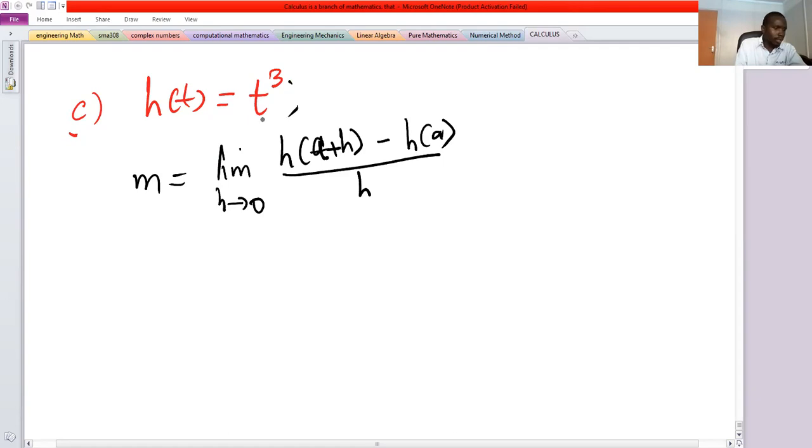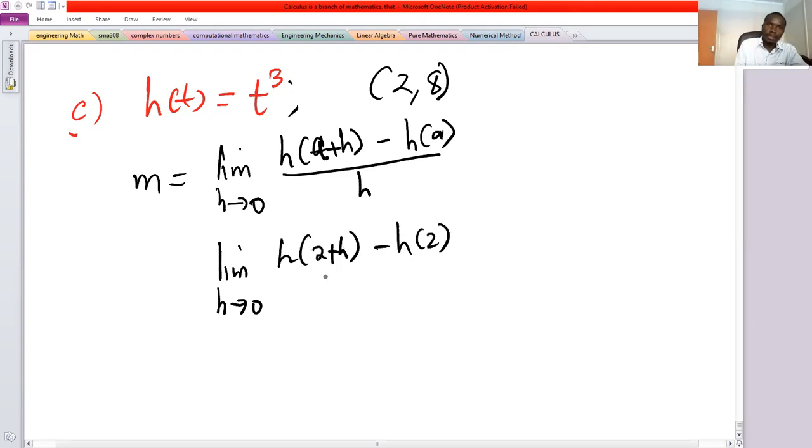And this one is at the point 2, 8. So a is 2. So it'll be the limit as h approaches 0 of h of 2 plus h minus h of 2 divided by h.